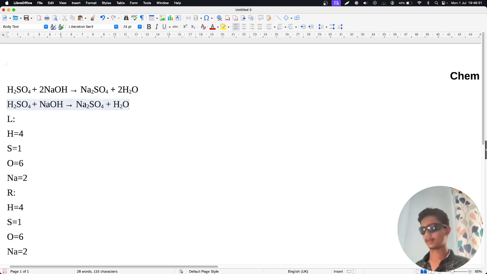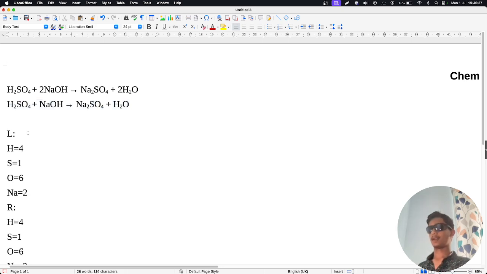Except this is not proper because new atoms come and new atoms go, as you saw, right? But this is the same chemical equation, the same formula, except it is correct because we have balanced. It's a balanced formula. Okay?